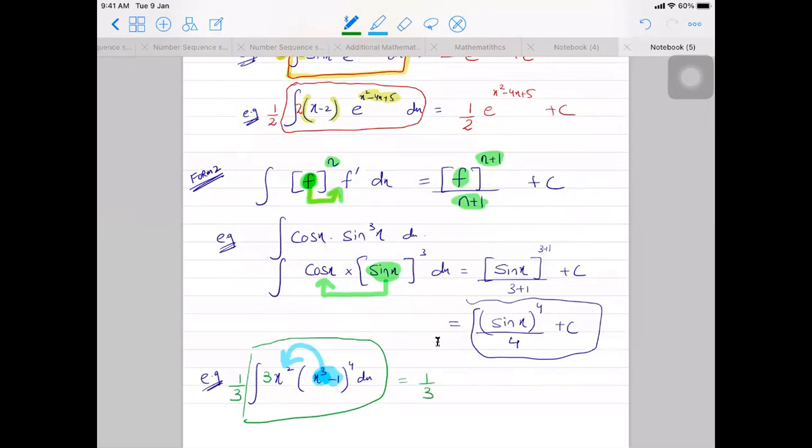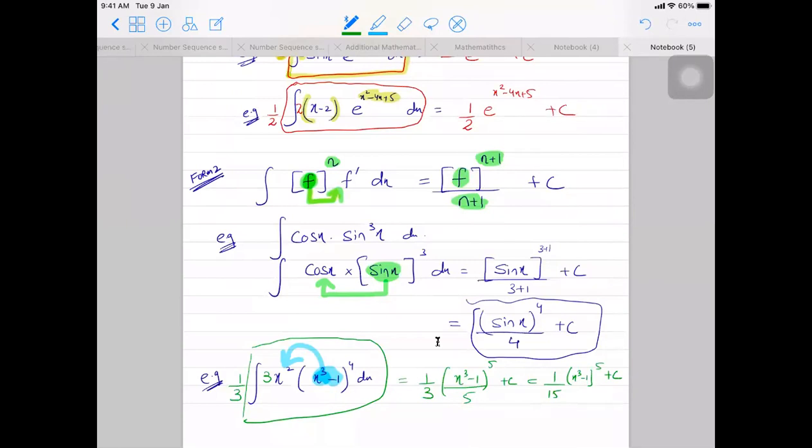Integration of this function is going to be (x cubed minus 1) to the power of 5 upon 5 plus c, which is going to be 1 upon 15 times (x cubed minus 1) to the power of 5 plus c. Do you get this idea? Yes, sir.